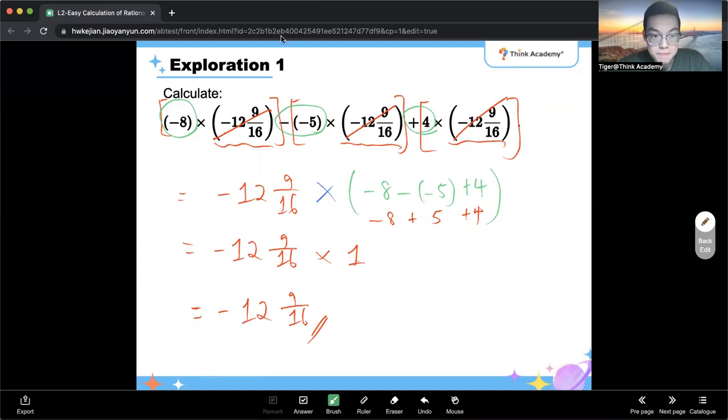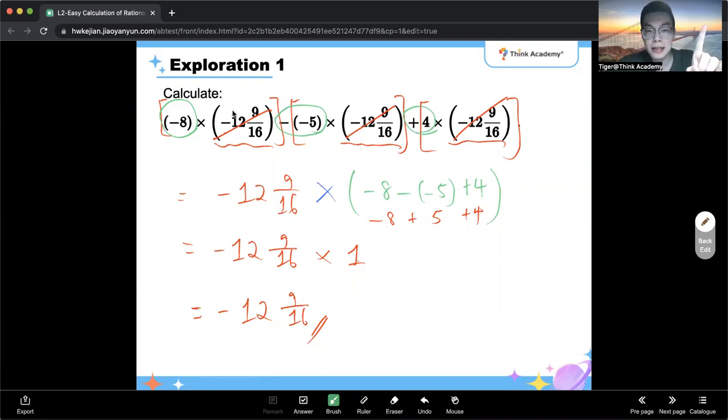Does it make sense? So that's the first technique we are talking about today, extracting the common factor or common multiplier in an expression or in a calculation. Basically, 3 steps, and we can figure out the answer to these questions. First step is extract the common multiplier. Write it down.